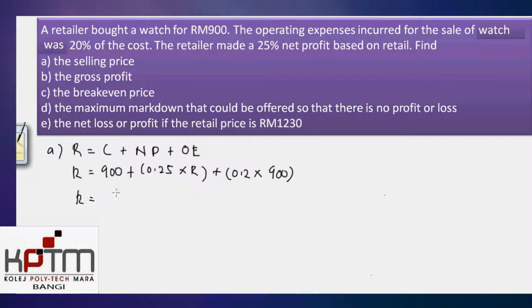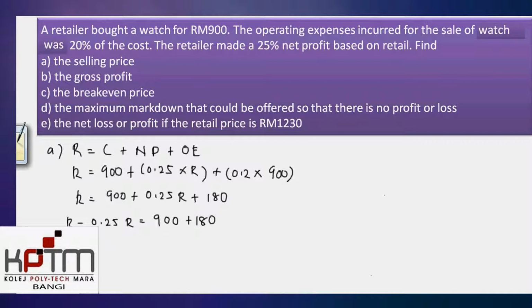So R is equal to 900 ringgit plus 0.25 R plus 180 ringgit. Bring R to the left, so R minus 0.25 R equal to 900 plus 180 ringgit.